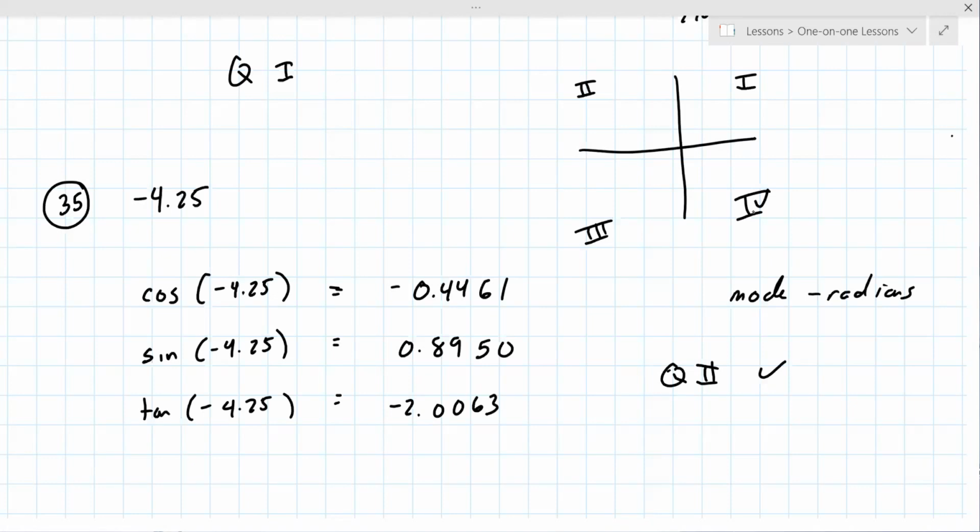All right. Now on to number 37. This one is negative 2.25. Cosine of minus 2.25.